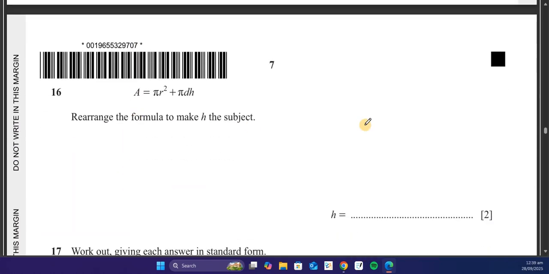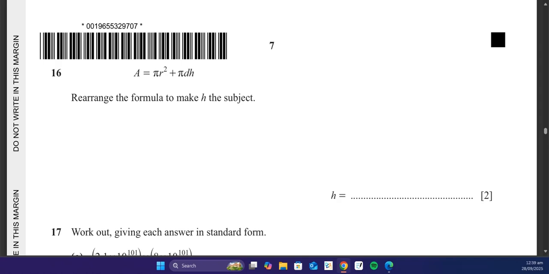All right, rearrange the formula to make h the subject. It's pretty standard. The formula is A equals pi r squared plus pi dh.